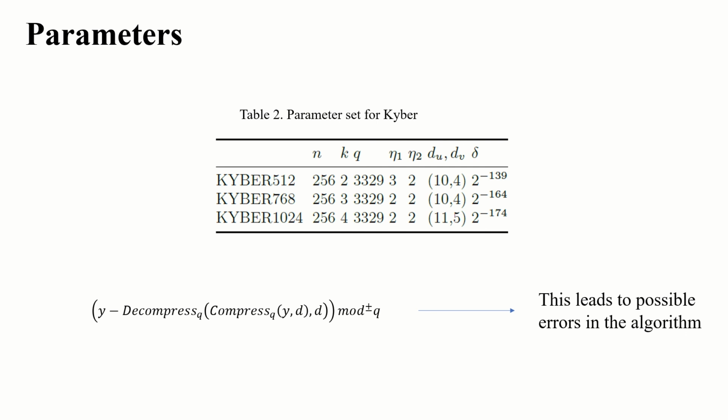The decompression after compression leads to possible errors in the algorithm. As seen in Table 2, n is set to 256 because the goal is to encapsulate keys with 256 bits of entropy.